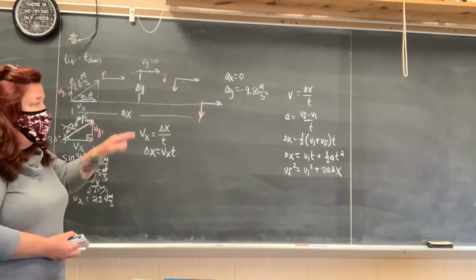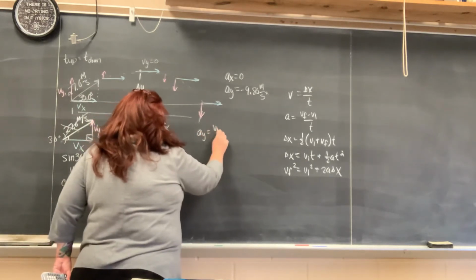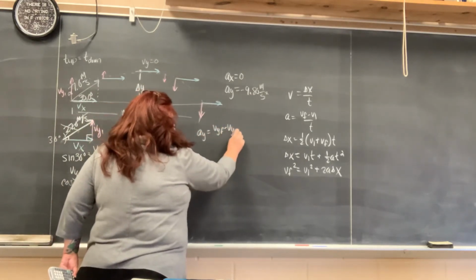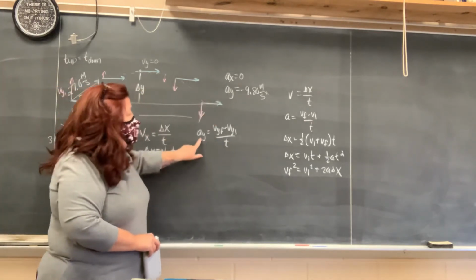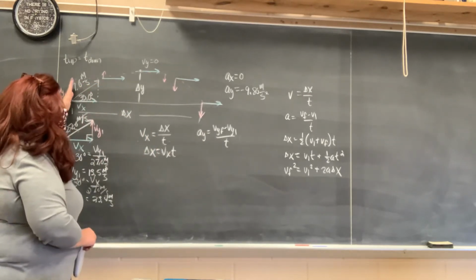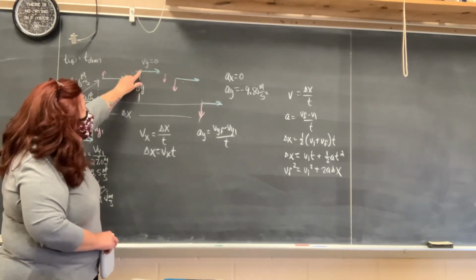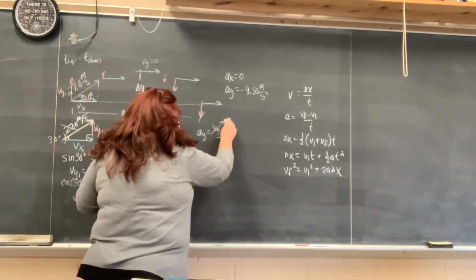Well, if you look at the second equation, Ay equals Vyf minus Vyi divided by the time. I know Ay, it's negative 9.8 meters per second squared. I know Vy final if I say that this is the final velocity, it's up here at the top. If this is the final velocity, then that's 0.